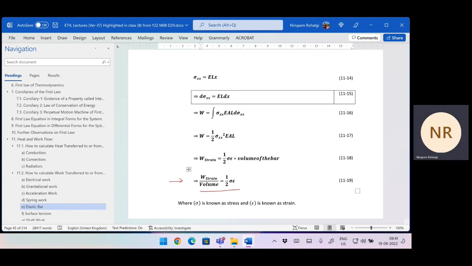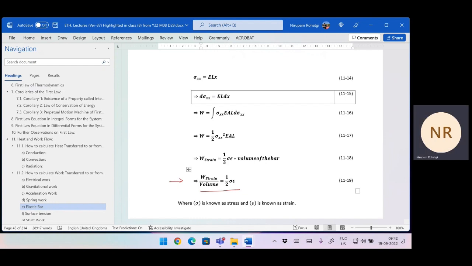You extend a bar, this energy is stored there. If you have an iron rope going along, and you hang over it, it gets extended and the energy is stored within that wire. This is called strain energy.